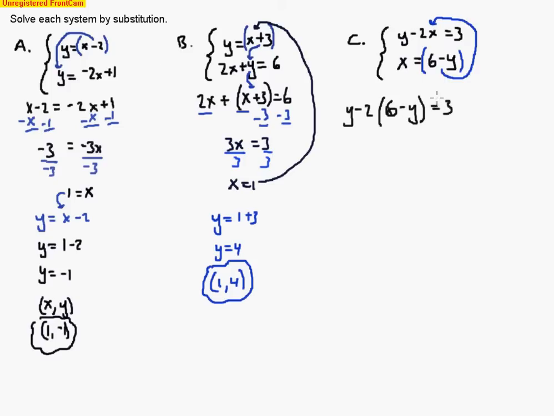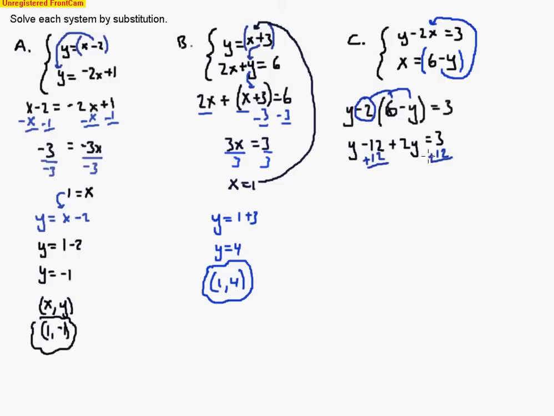The reason why we do that is because I need to distribute this negative 2 over that difference and then collect terms. So what I've got now is y minus 12 plus 2y, and this all equals 3. So I'll go ahead and isolate my variable by doing an opposite operation, add 12 to both sides.